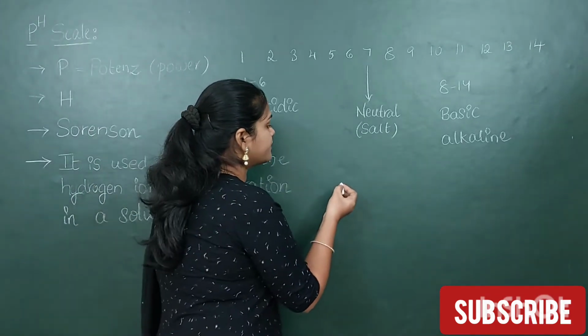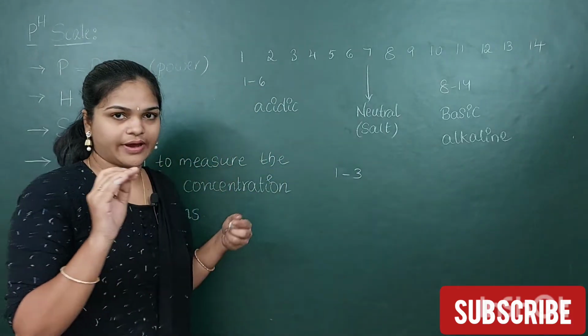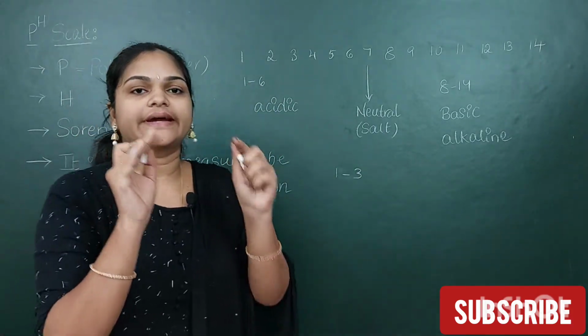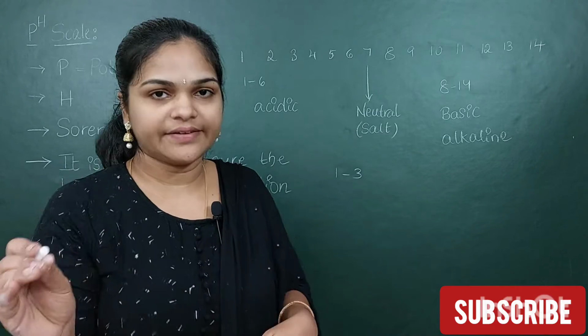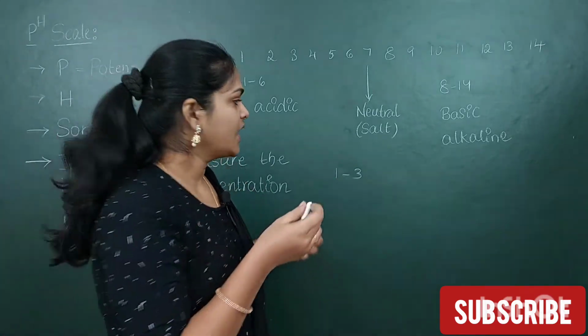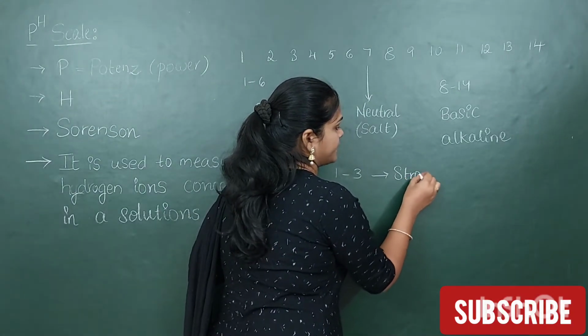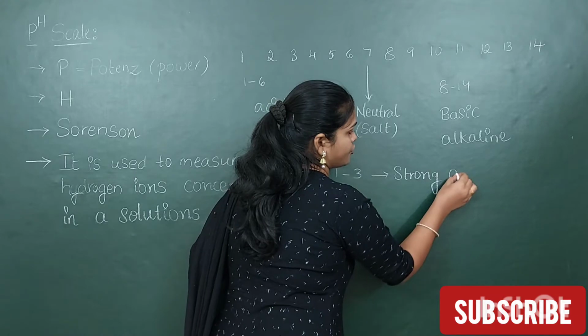If you observe pH values from 1 to 3, if you get 1 or 2 or 3 when you measure the pH value of a solution, it can be called a strong acid.